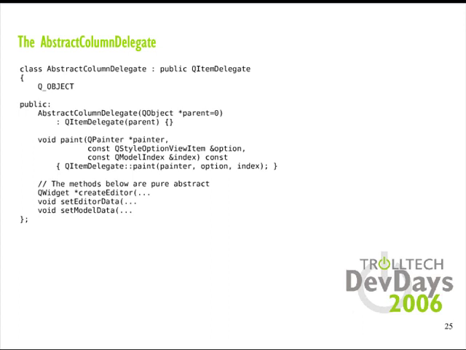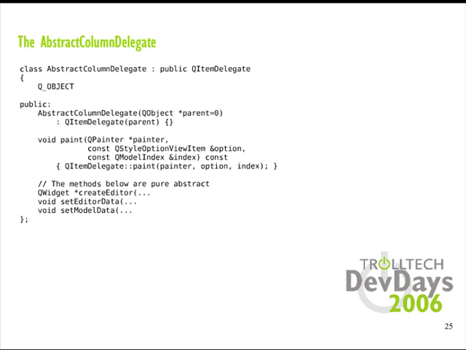Now, I've made some design choices here. I've decided to implement the paint function by default, and I've made the other functions pure abstract. Now, that is extremely debatable. You might not like that, and there's no reason you should. You can change that to suit yourself. But they happen to suit the way I was thinking at the time.